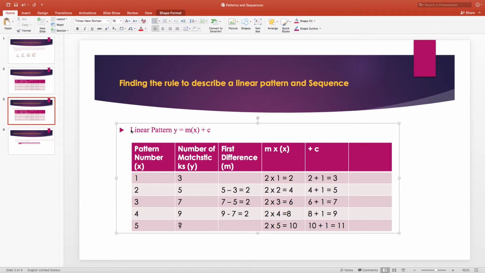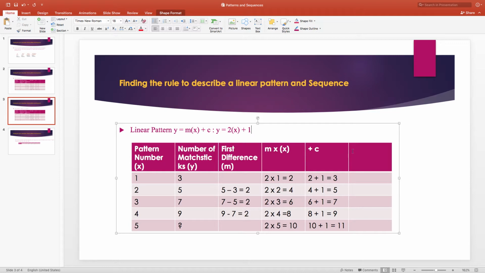So in this case, y, the number of matchsticks, is going to equal 2 times x plus 1. And that describes every one of these.